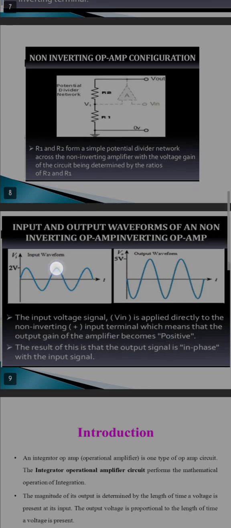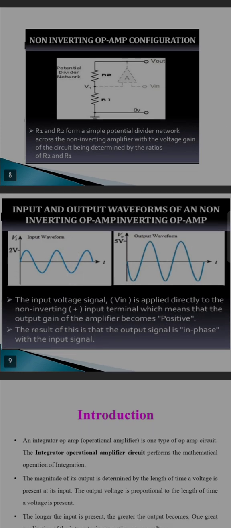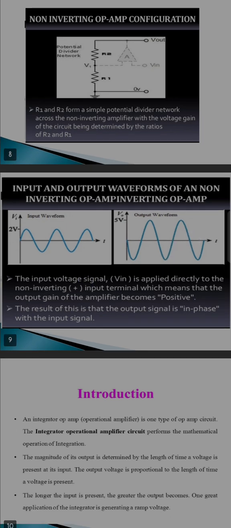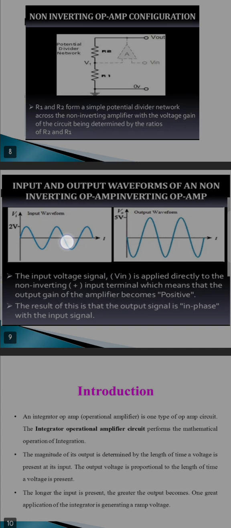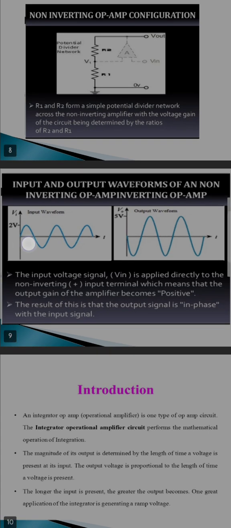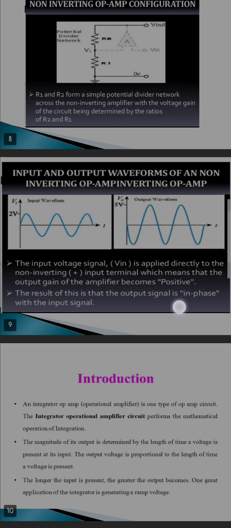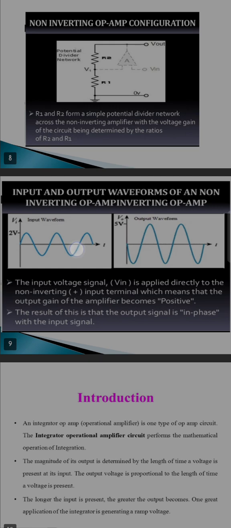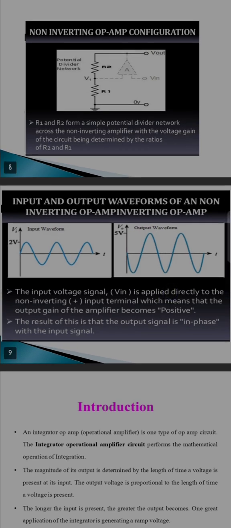The first diagram we are seeing on this screen is the input waveform, and the second one is the output waveform. In the first one we can see 2 V, because we are giving a 2 volt input to this operational amplifier in the form of a waveform, and then we are getting an output of 5 volt, the output waveform.